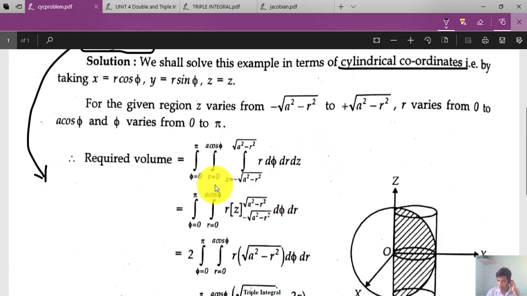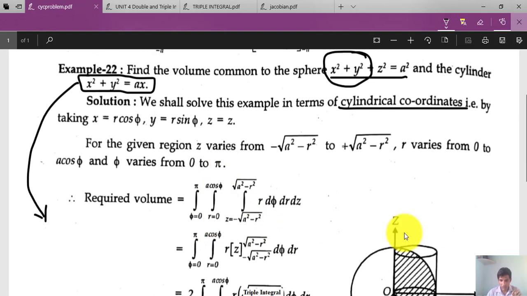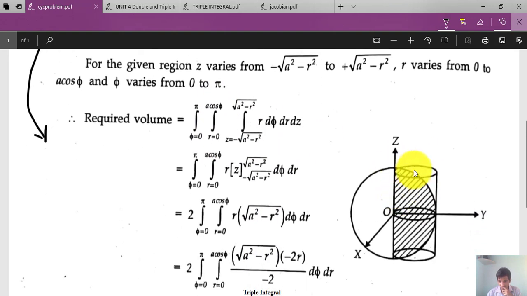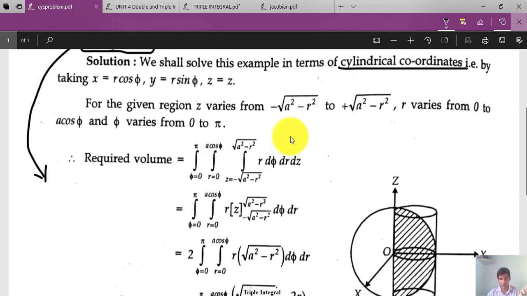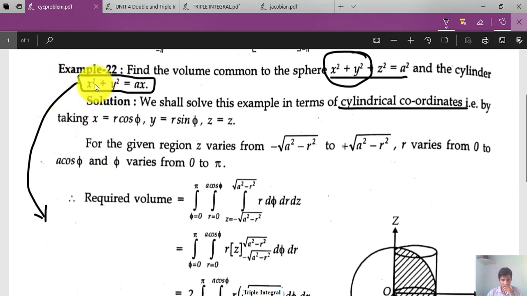Now I want to find the value of r. Usually r varies from 0, that is from the origin to the curve. Now this is the given curve. First it was three dimensions, now it comes to two dimensions, because it is a triple integral. Now what is the curve? This x square plus y square, I can write as r square, which is equal to a times x. What is the value of x?